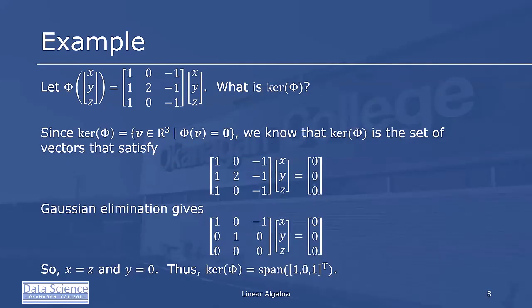On the other hand, if we modify the example slightly and make our matrix [1, 0, -1; 1, 2, -1; 1, 0, -1], and we look at the kernel of phi, when we apply Gaussian elimination to the system of equations, we end up with [1, 0, -1], [0, 1, 0], and then a row of zeros, which means we have a free variable.